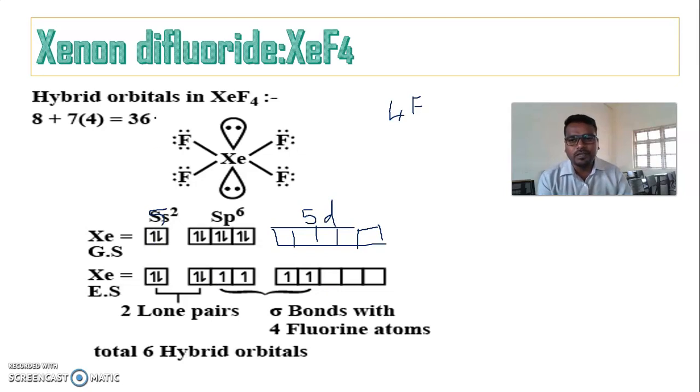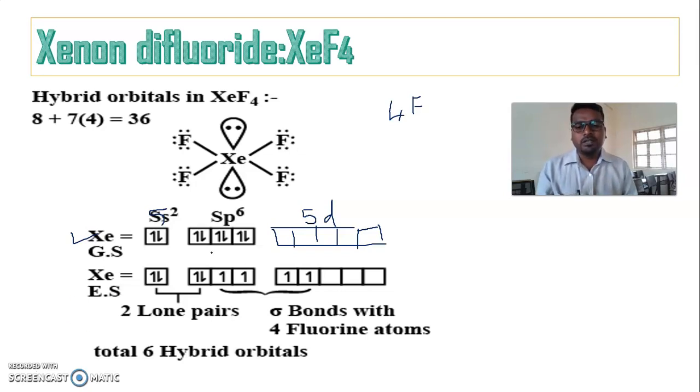When this is the configuration in the ground state, during bond formation, when xenon and fluorine come together, it leads to repulsion. This repulsion creates energy, and that's why the valence electrons of xenon undergo excitation.